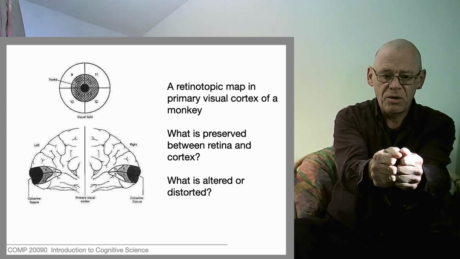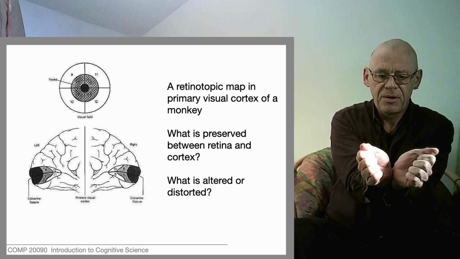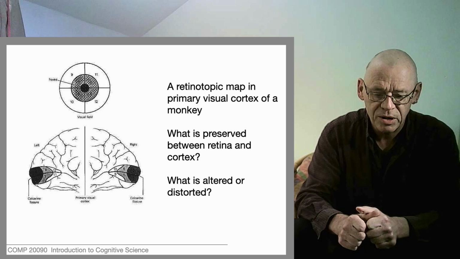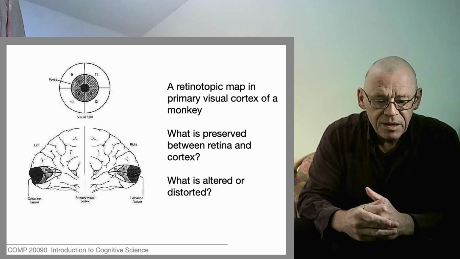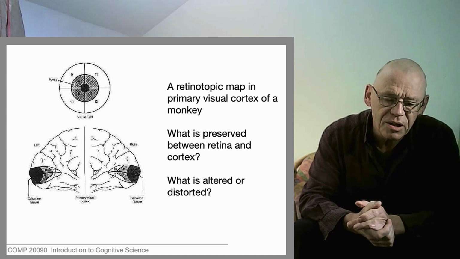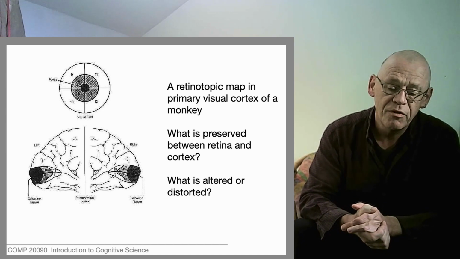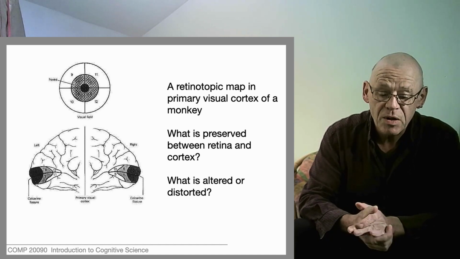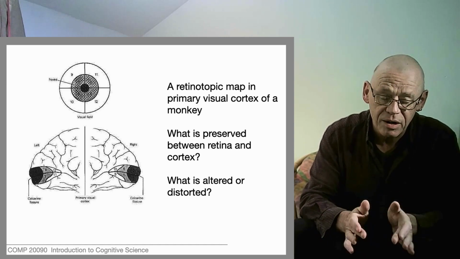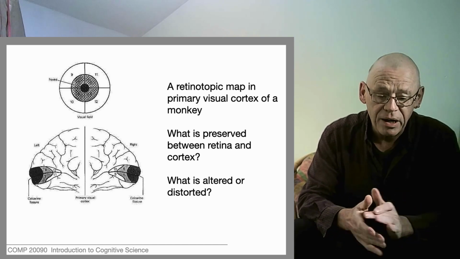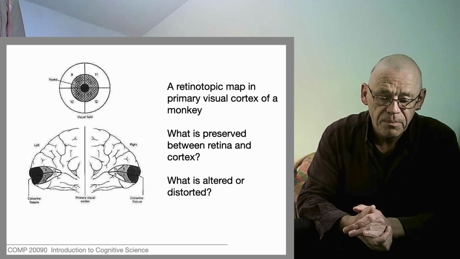So the brain is closed, but we've opened it up, so the two surfaces you're seeing actually lie on top of one another. And there you can see the maker of the diagram has colored in the areas in primary visual cortex corresponding to the three areas on the retina. There's a dark area for the fovea, a gray area for the perifoveal region, and a white area for the periphery.